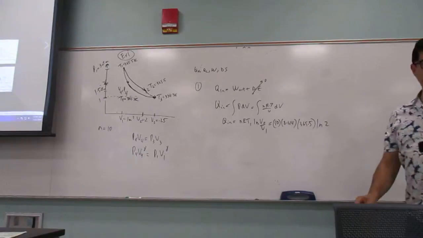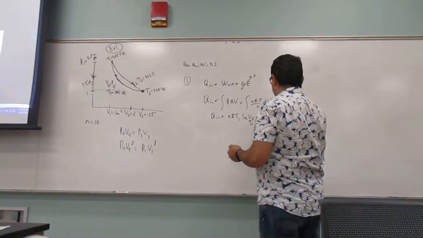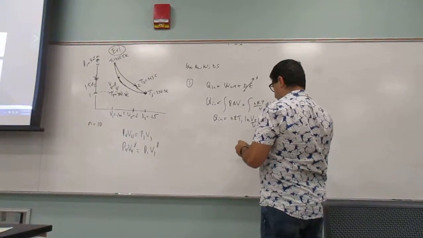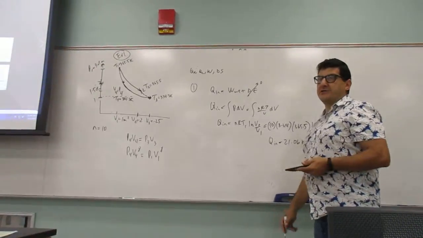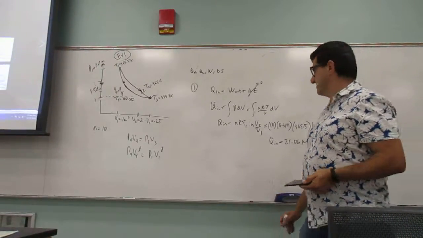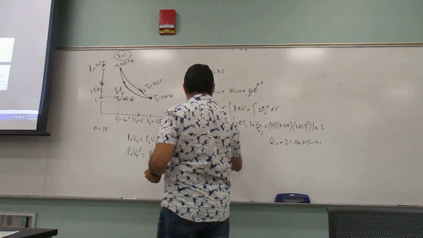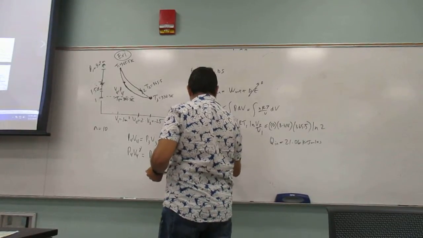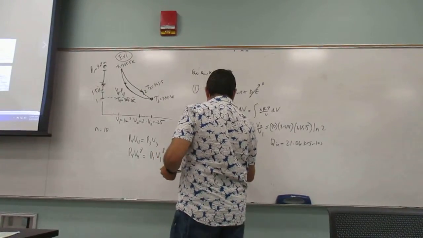That's about 21,000 joules, so I'm going to write it as kilojoules. Q in is going to equal 21.06 kilojoules. Now, in terms of a heat engine, what is that? Engine, Q cold, work out.